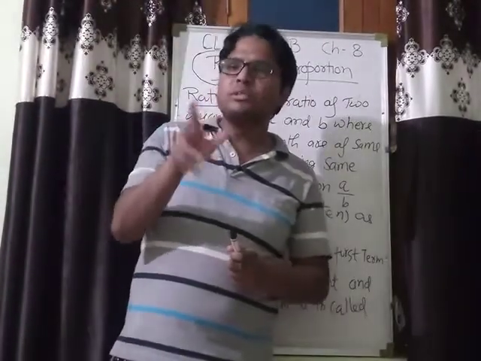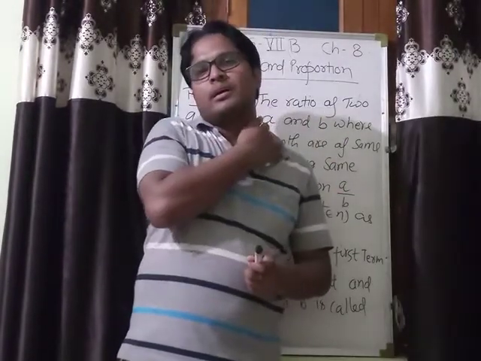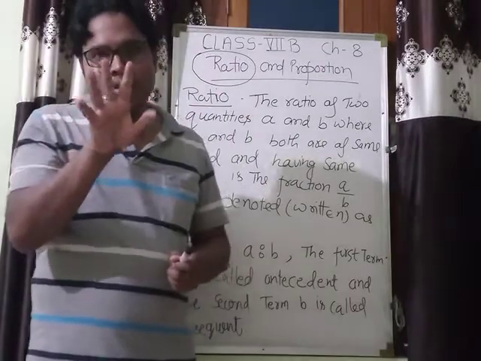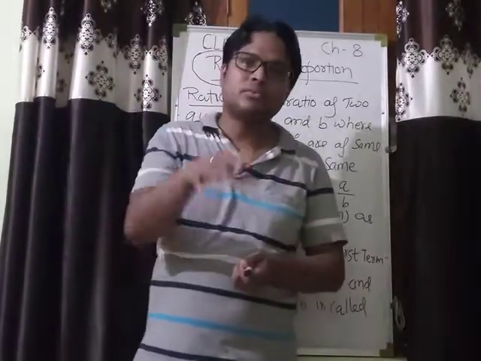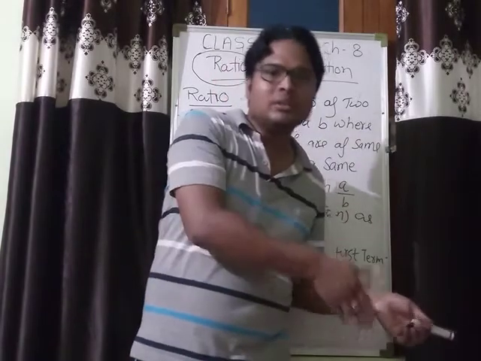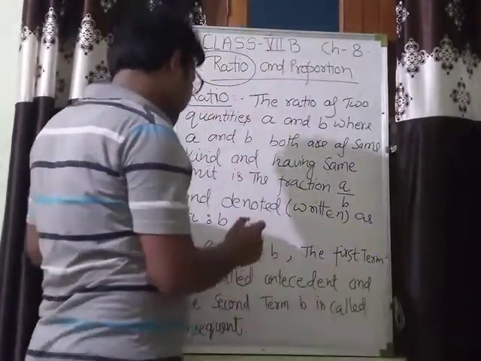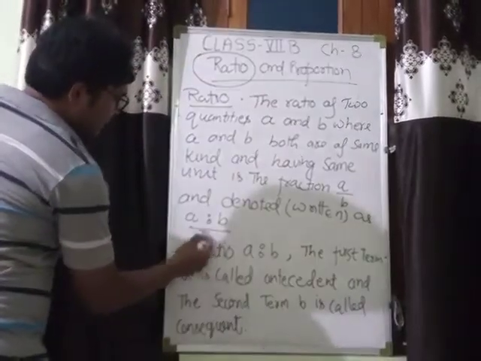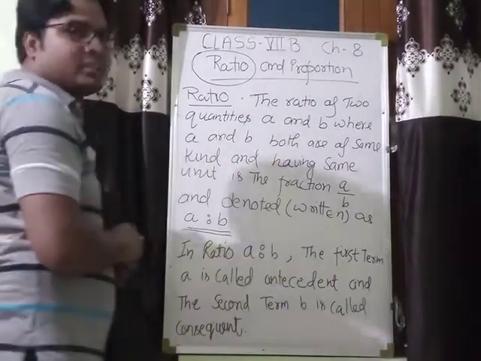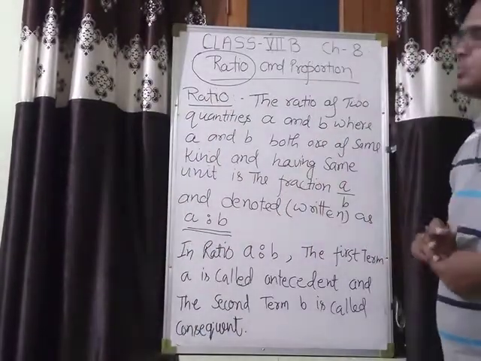Then the ratio between such quantities which have the same kind and the same units is a fraction of the first one over the other, and that is represented like this: A is to B. Read as A is to B. So I have written here the ratio of two quantities.